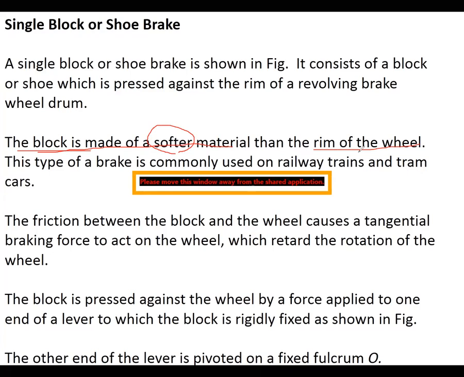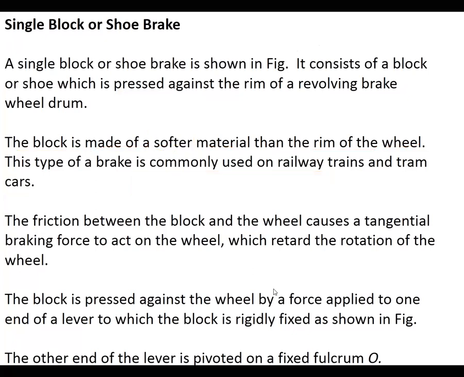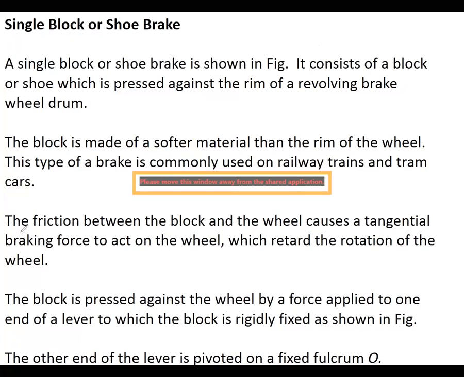That is why one is a hard material, a strengthened material, and another one is a softer material. Like that we have to design any two individual materials. The friction between the block and the flywheel causes a tangential braking force acting on the wheel.